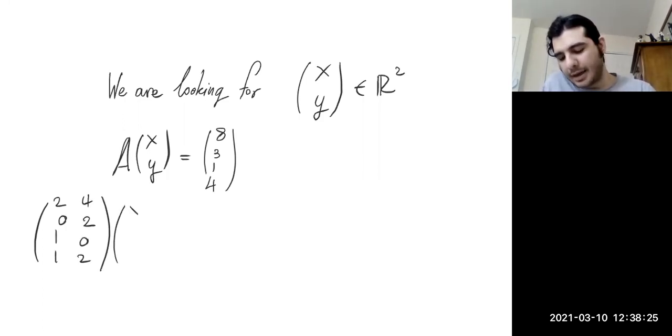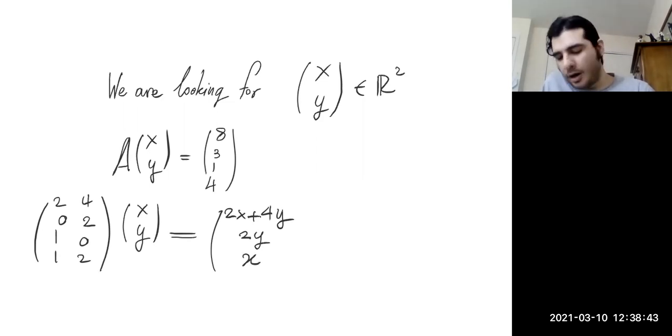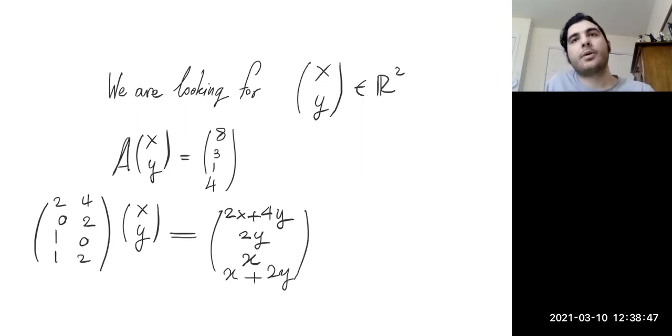What is the result of this multiplication? It's 2x plus 4y, 0x plus 2y, 1x plus 0y, and 1x plus 2y, right?